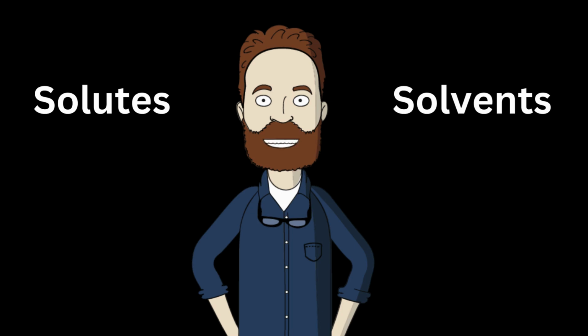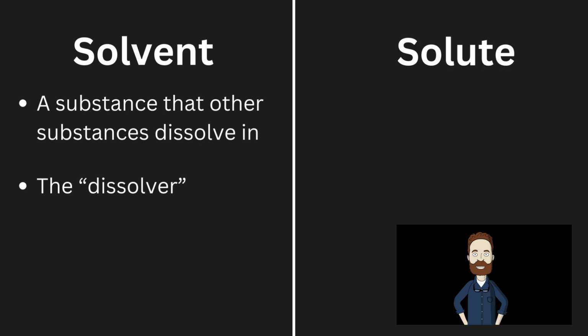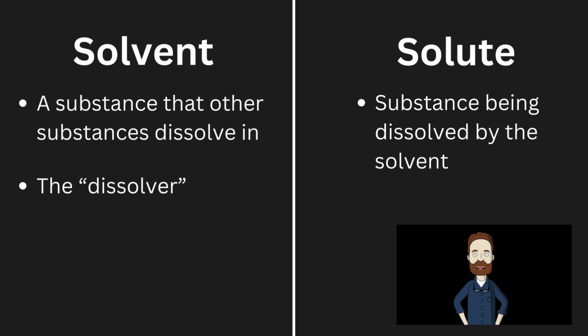Now, that was a lot of information in a really short amount of time, and I'm sure you're getting bored by now. So let's switch gears and talk about the concept of solutes and solvents. A solvent would be a substance that other substances dissolve in. You can think of a solvent as a dissolver. A solute is the substance being dissolved by the solvent.